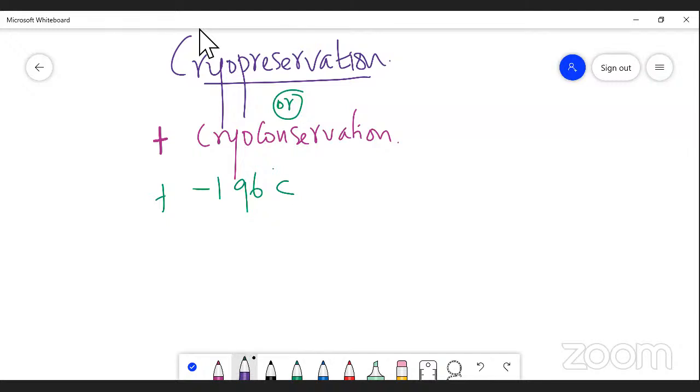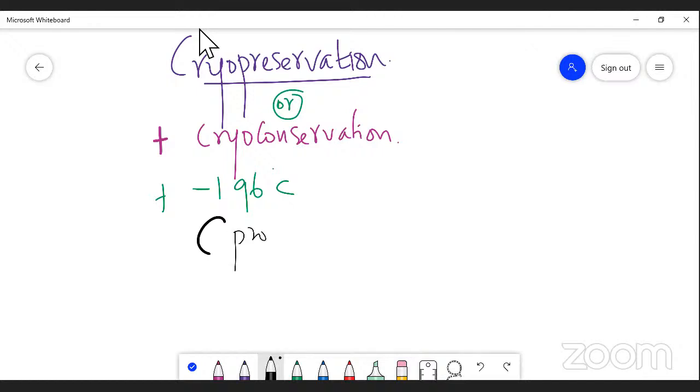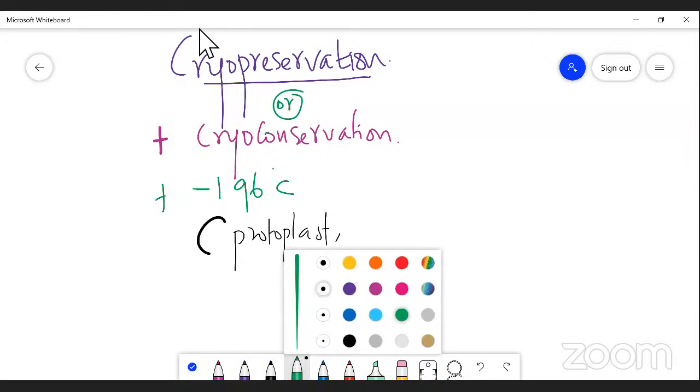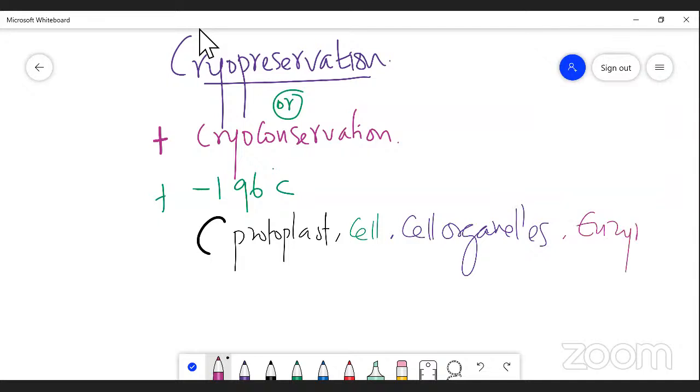It is a preservation of protoplast, or cells, or protoplast cells, and cell organelles, or extracellular matrix, or enzyme, or any other extracellular matrix.